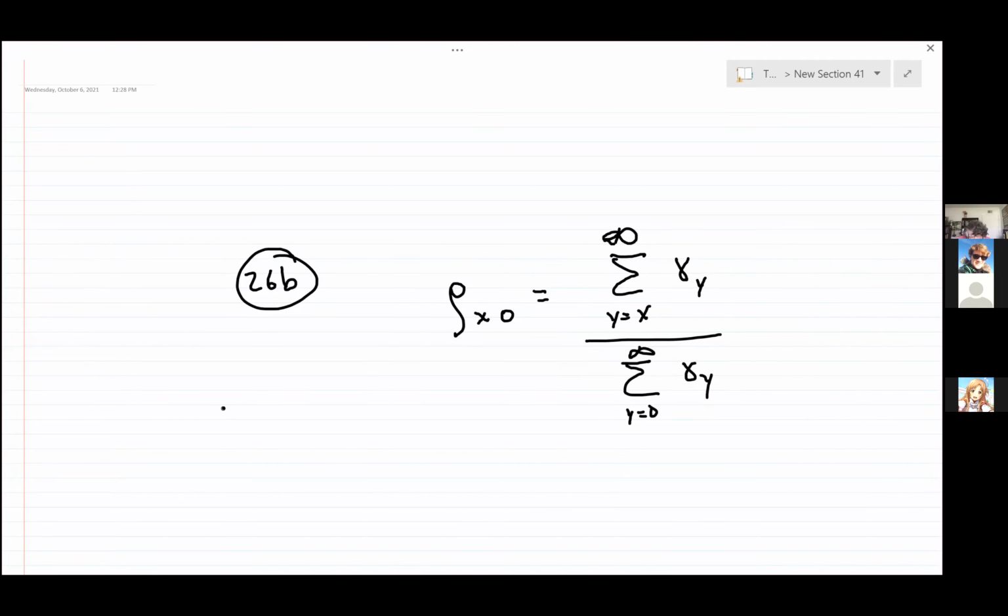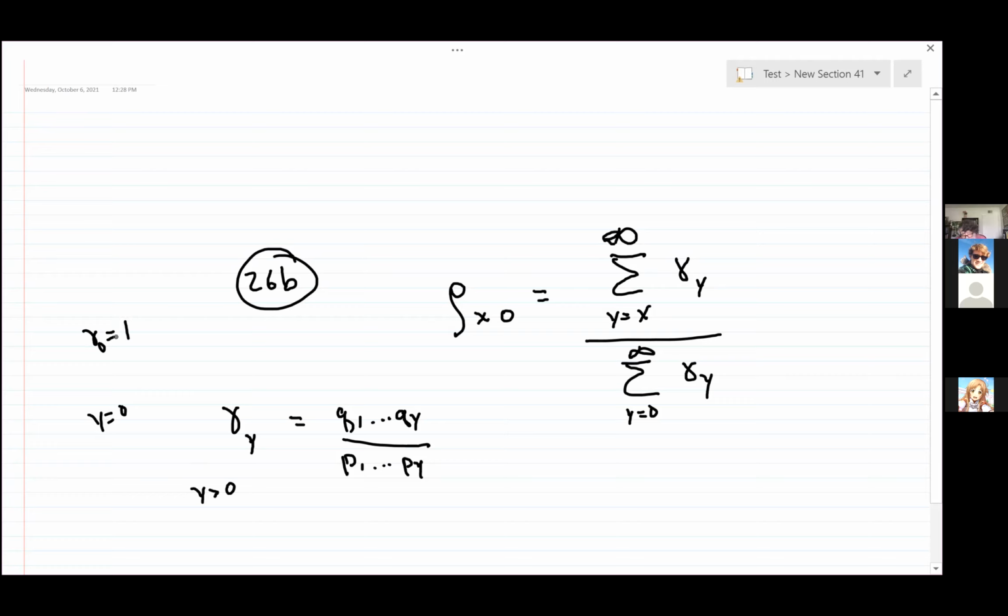What do the gammas look like? The gammas have Q1 up to Qy, P1 up to Py, and that's for y bigger than 0, and if y equals 0, then gamma of 0 is 1.